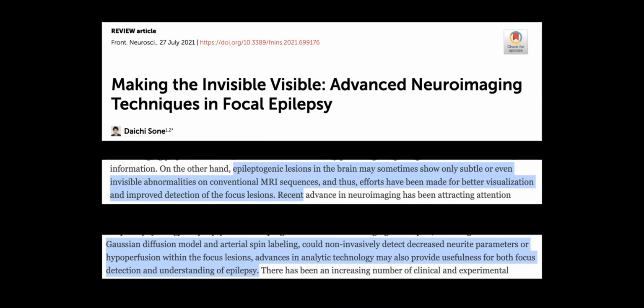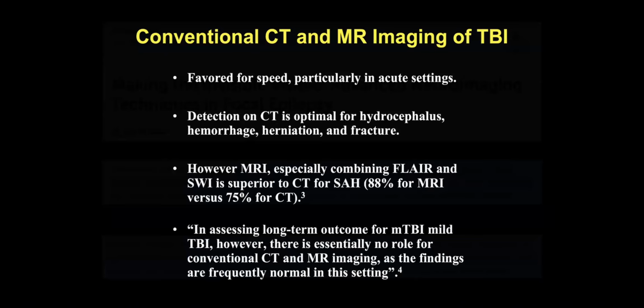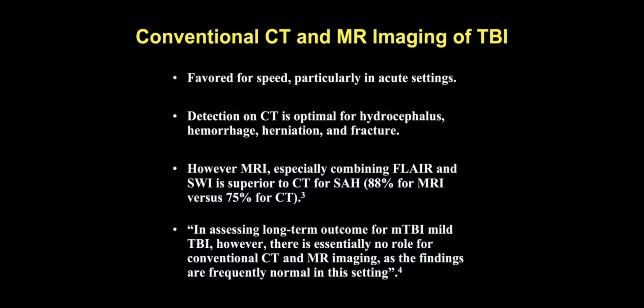They also write that recent advances in neuroimaging have been attracting attention, including Gaussian diffusion model and arterial spin labeling, which could non-invasively detect decreased neurite parameters or hypoperfusion, that's low blood flow, within focal lesions. Advances in analytic technology may also provide usefulness for both focus detection and understanding of epilepsy. And so again, we reviewed this last week, but I think it bears repeating.